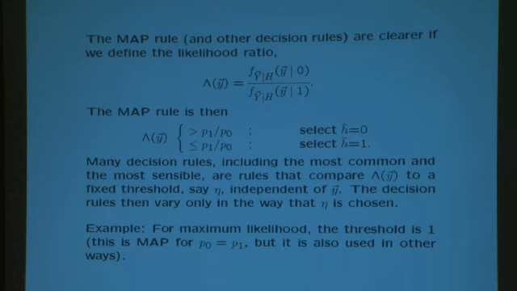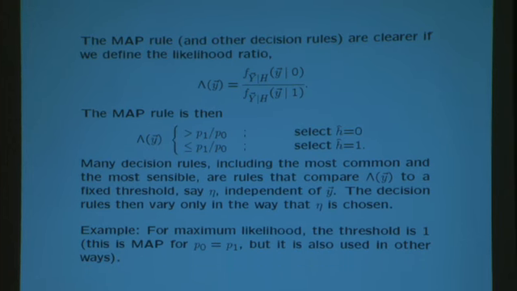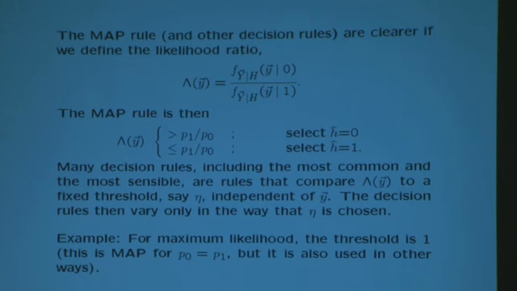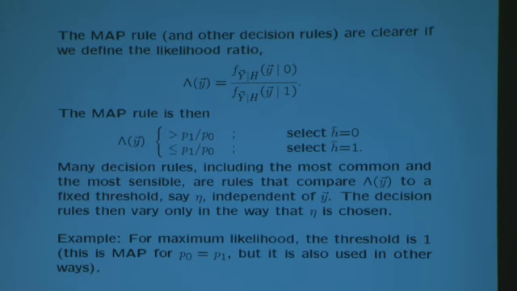These things become clearer if you state them in terms of what you call the likelihood ratio. Likelihood ratio only works when you have two hypotheses. When you have two hypotheses, you call the ratio of one of them to the other one the likelihood ratio. Why do I put 0 up here and 1 down here? Absolutely no reason at all. It's just convention.